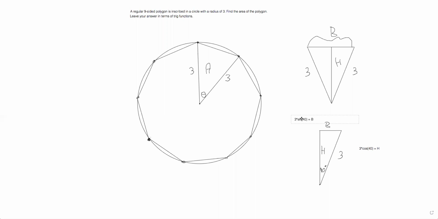I'm going to double everything to get it to apply to the top. So if this b down below is 3 sine 40, then this b above is going to be 6 times sine of 40. So this would be the entire base of this top triangle, 6 times sine of 40.